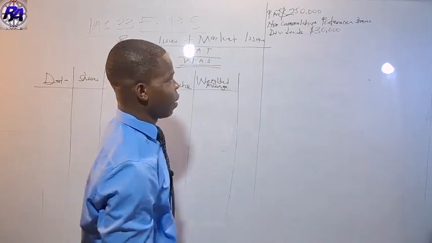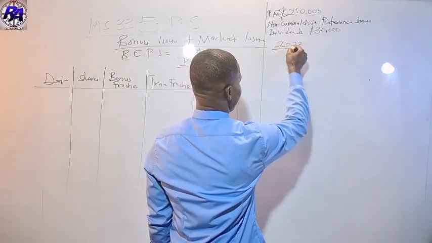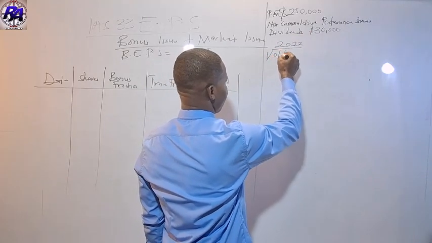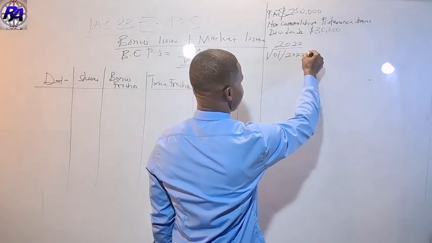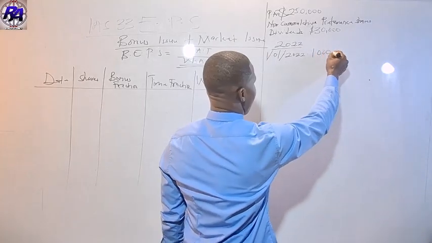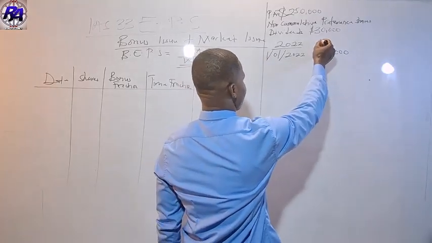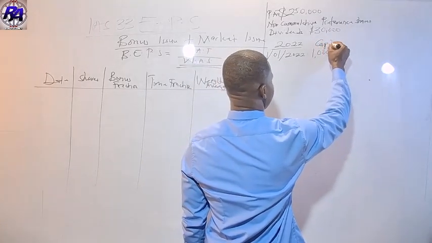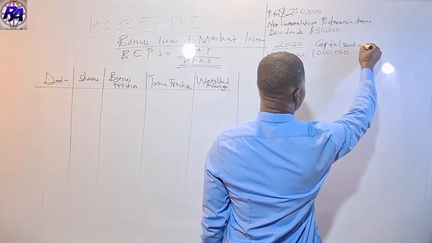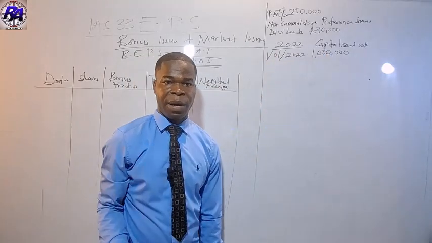Okay. Now the shares we are looking at, 2022. So on the first of January 2022, the entity was capitalized with 1 million shares, at the beginning of the entity.